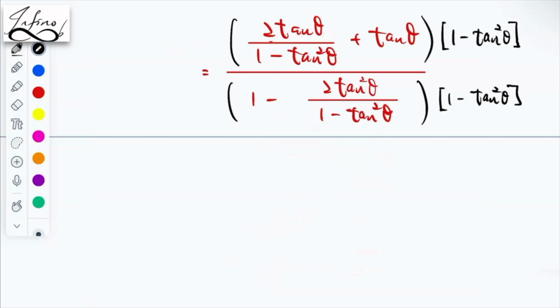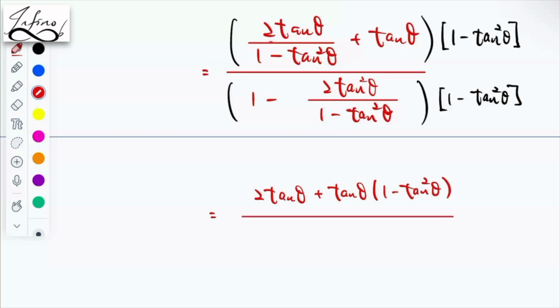If you do it this way, you will have 2 tangent theta plus tangent theta bracket 1 minus tangent square, over 1 minus tangent square theta minus 2 tangent square theta.